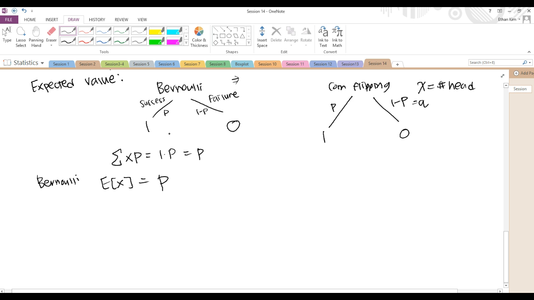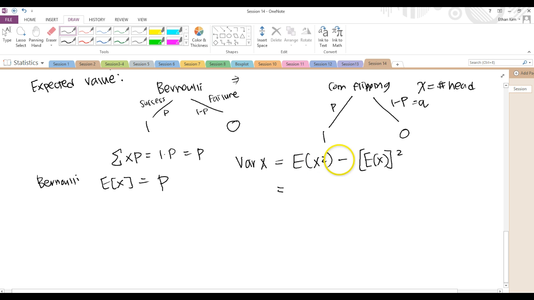So looking at variance. Again, the formula for variance is the second moment minus the first moment squared. Since we have the first moment, we just have to find the second moment.